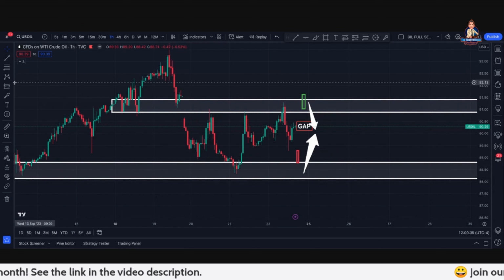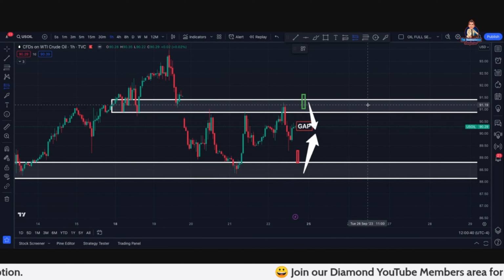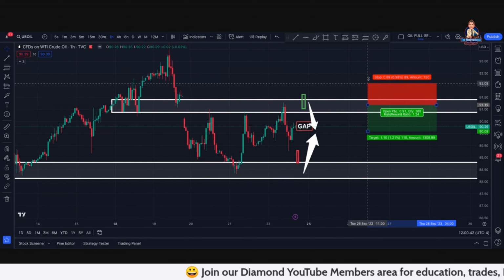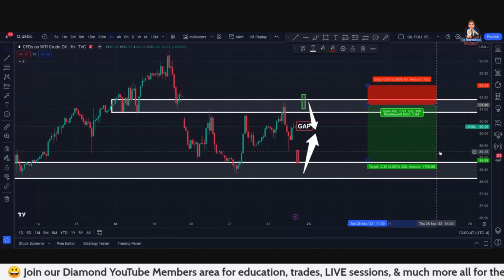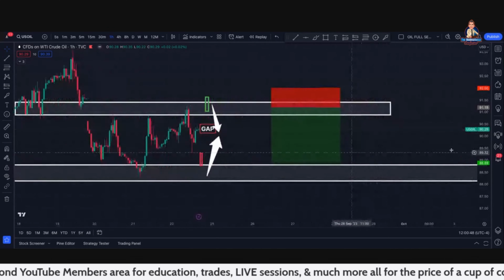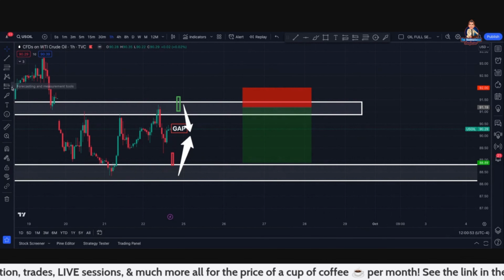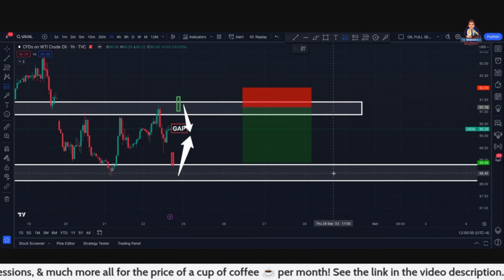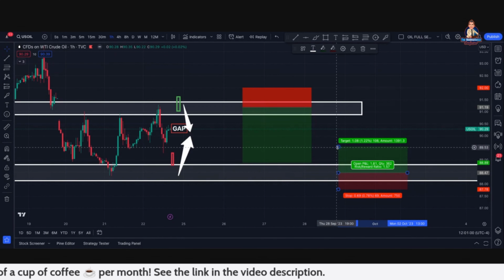For right now, the only possible entries are that price comes back up here and we take a sell, something like this. That is one opportunity there, or vice versa, that price comes back down and then you take a long, because until price shows you otherwise, we have to stay in this area right now.